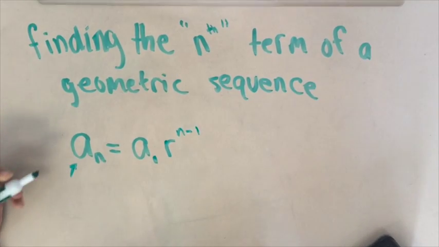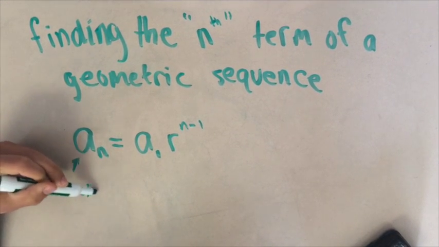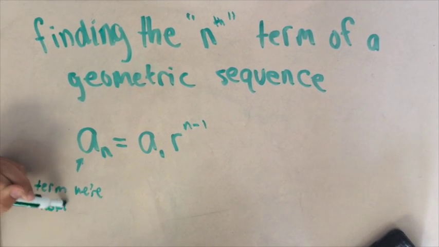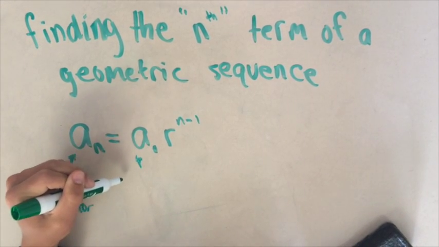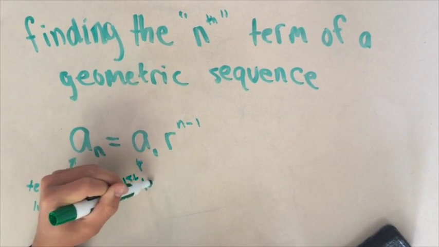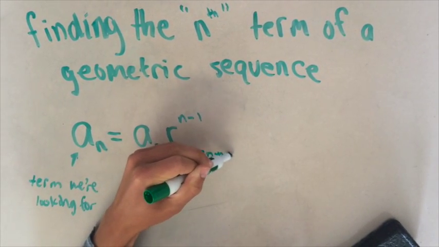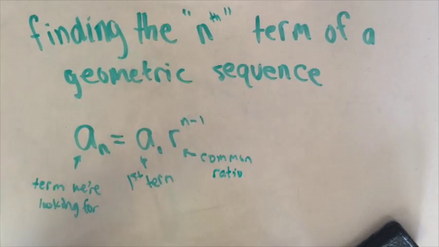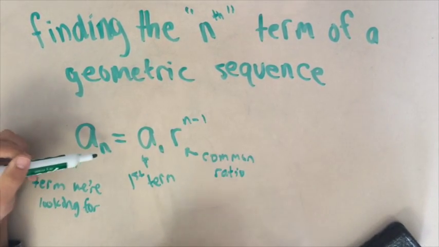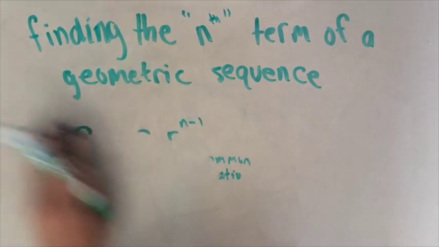And what this is, a sub n is the term we're looking for, and a sub 1, this is the first term, r is the common ratio, what each term is being multiplied by, and then n, this is again the number term you're looking for, and you're just going to subtract 1. So let's try an example.